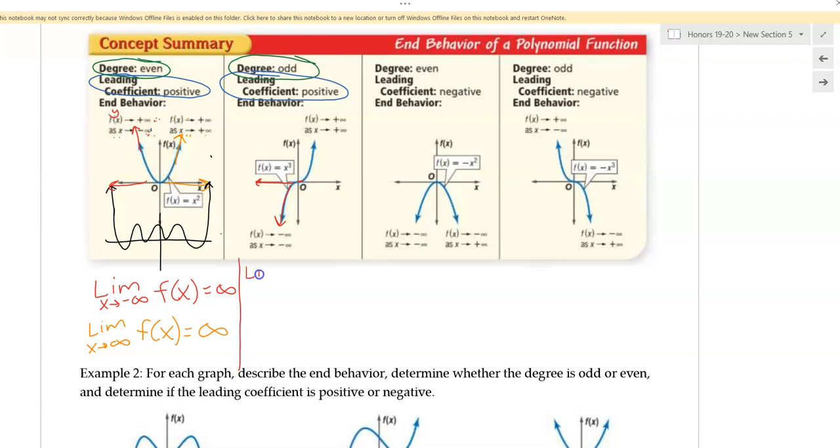So you write that as the limit as x approaches negative infinity, because x is going left to my negatives, f of x equals, it's going down to negative infinity.